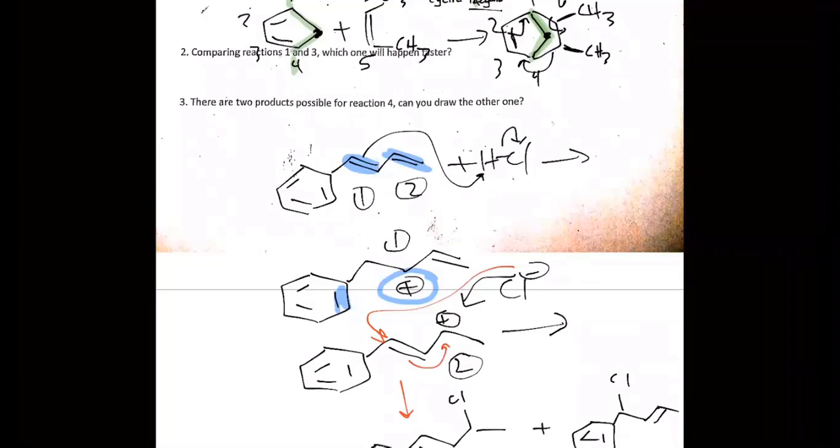Any guesses or any ideas as to why alkene 1 doesn't react? Well, I have a suggestion. I think that because it's conjugated with the ring, that makes it less reactive than alkene 2. And so for that reason, if alkene 2 is more reactive, that's where your products are going to come from.